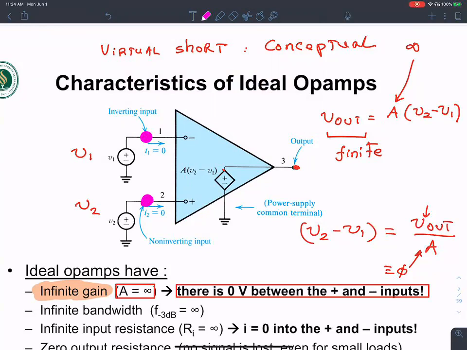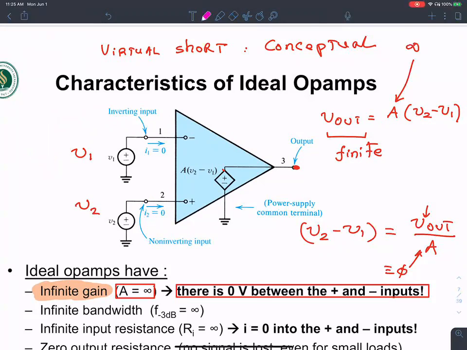So conceptually it's very similar to shorting them together. If I were to tie this to a ground physically, then this will also be virtually tied to ground, and that's the idea of a virtual ground. Does that make sense?